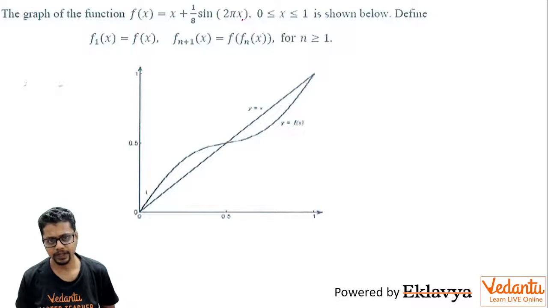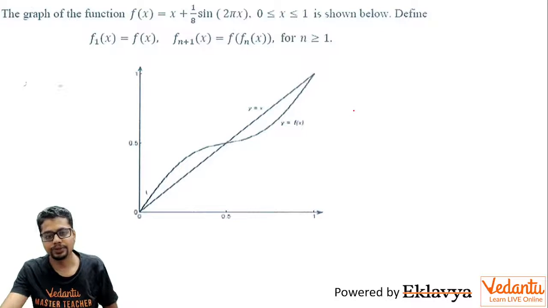When x is between 0 and half, 2 pi x is between 0 and pi, and sine being positive in the first and second quadrant, you would find that f of x is greater than x when x is between 0 and half. Similarly, when x is in the interval half to 1, 2 pi x is in the interval pi to 2 pi. Here, in the third and fourth quadrant, sine is negative, so clearly f of x turns out to be less than x.